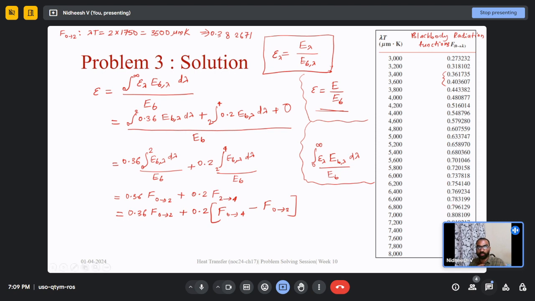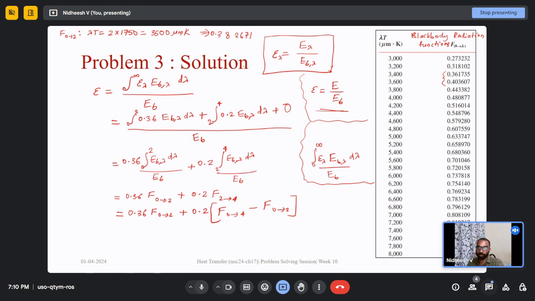This F value actually indicates out of the total emission from a black body, what is the contribution by different wavelengths. That is what is indicated by this F value. How much is, say, 0 to 2 micrometer emission contributing for the total black body emission corresponding to this temperature. That is what this 0.382671 represents.